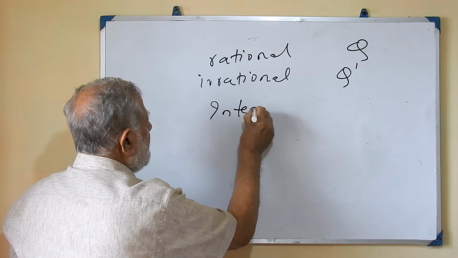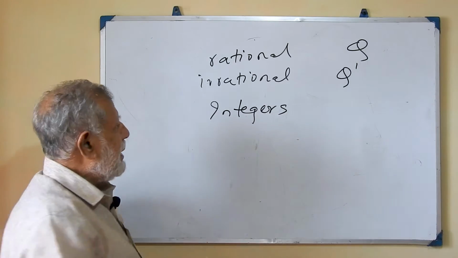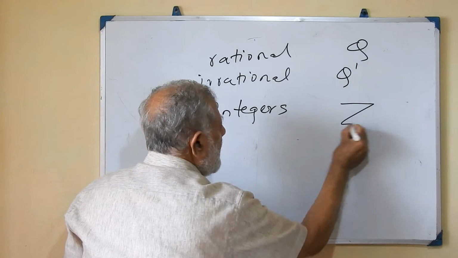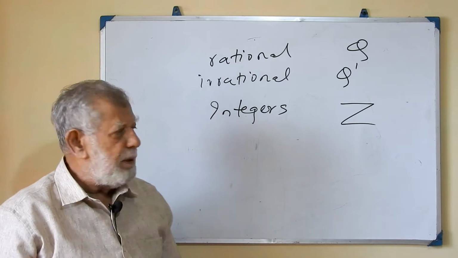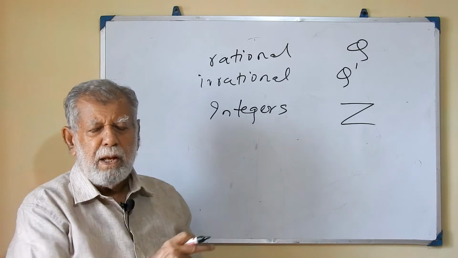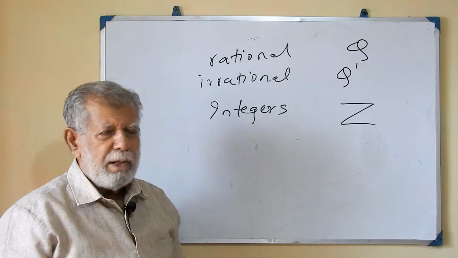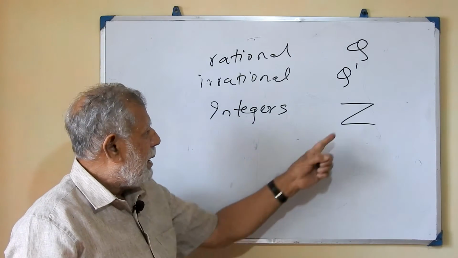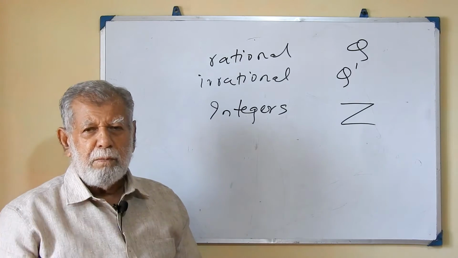So then we have also integers. What are integers? Integers are whole numbers. And integers we represent by the symbol Z. Now we have the integers, all these numbers can be expressed on a number line. In the number line we get positive and negative numbers.